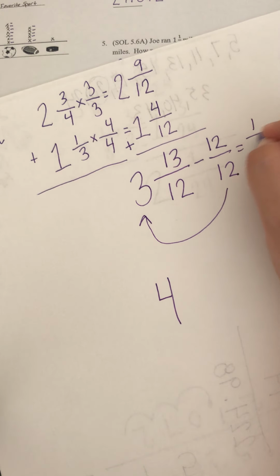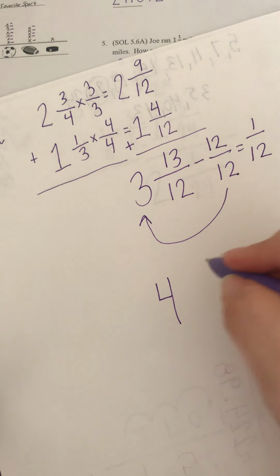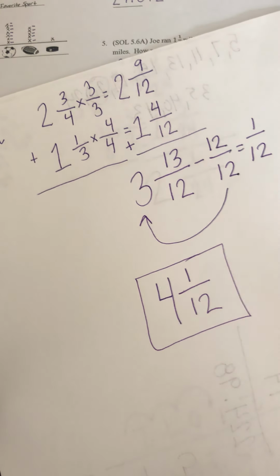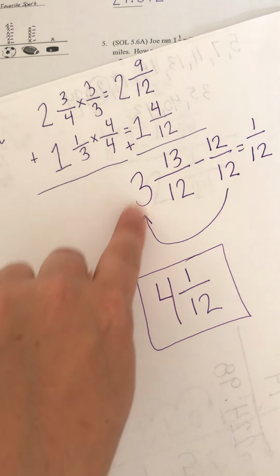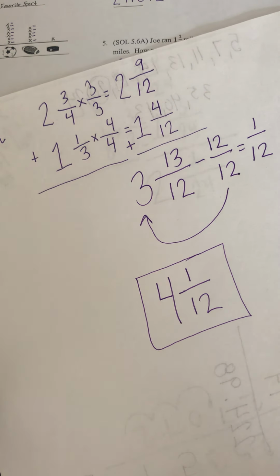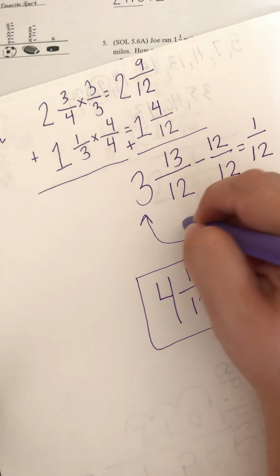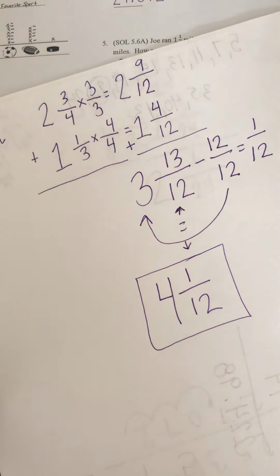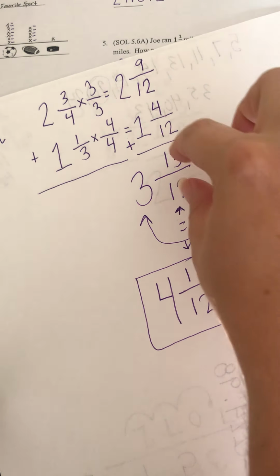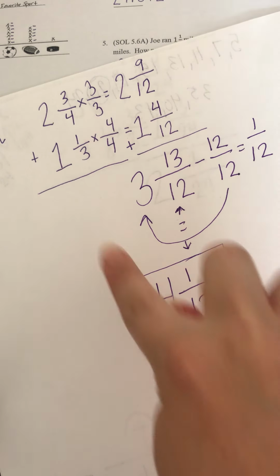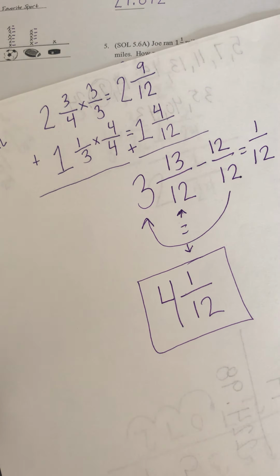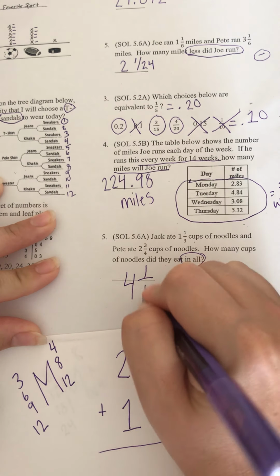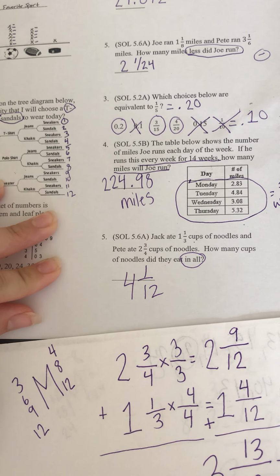And then how much is left over? 1/12 is left over. So 3 and 13/12 can be rewritten. These are equivalent. This value and this value, they're the same. It's just that I removed the improper fraction. I moved over the whole, and then I had 1/12 left over. So 4 and 1/12 is how much he ate in all.